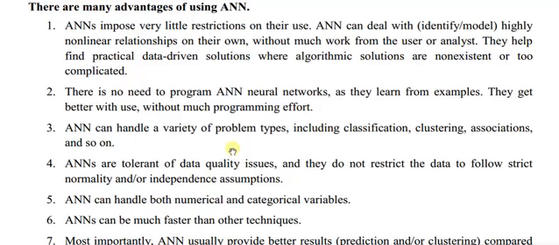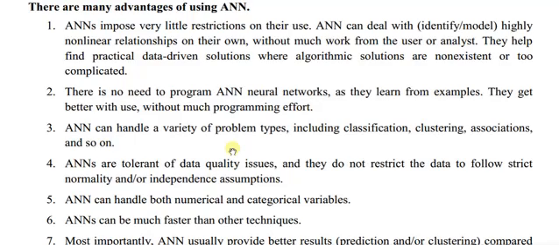Then ANNs are tolerant to data quality issues, and they do not restrict the data to follow strict normality or independence assumptions. So even though the data is not of good quality, the ANNs can perform the given task.